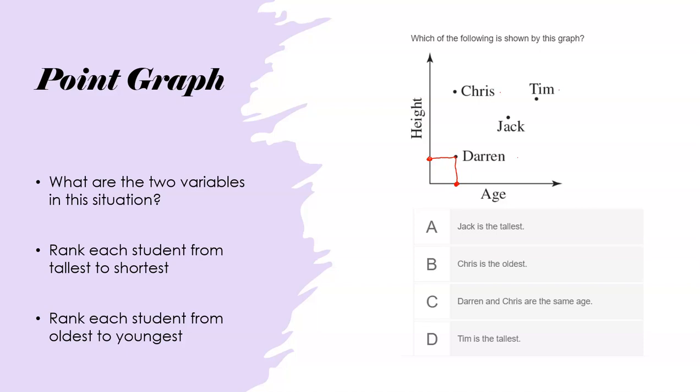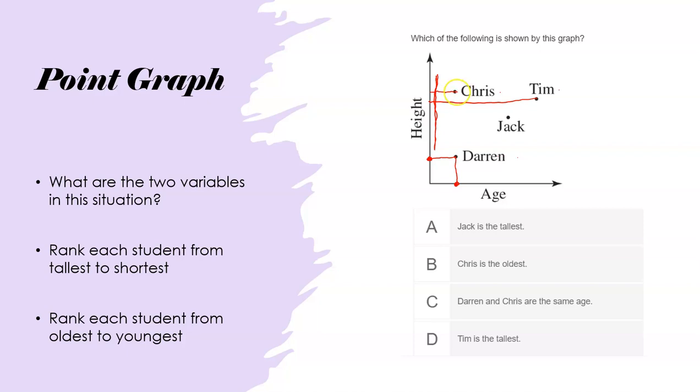So we are asked to rank each student from tallest to shortest. Now, if we want to know about the height of the student, I have to look at the graph vertically this way because height is on the vertical axis. I look to see which student is the highest on the graph, and I can see Chris and Tim are very close, but if we look at Chris's height, it's a little bit taller or a little bit higher than Tim's height.